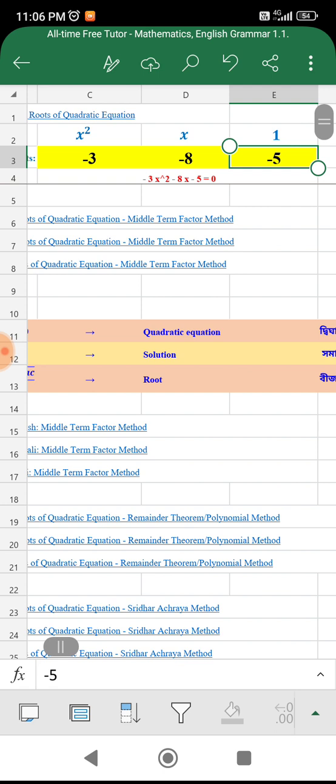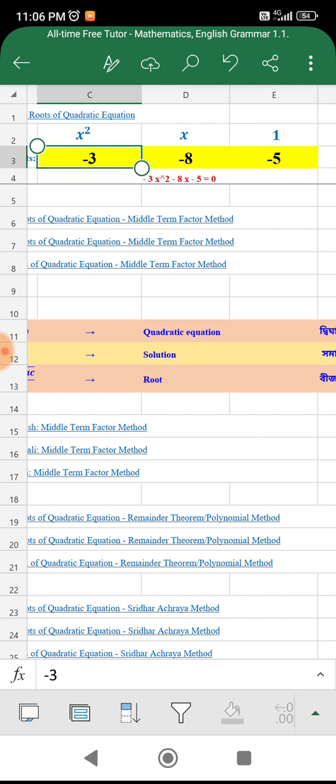This is yellow color, so that means you can change this equation to whatever it is. Suppose now this is my equation, and now we have to calculate the root of this equation using the middle term method.